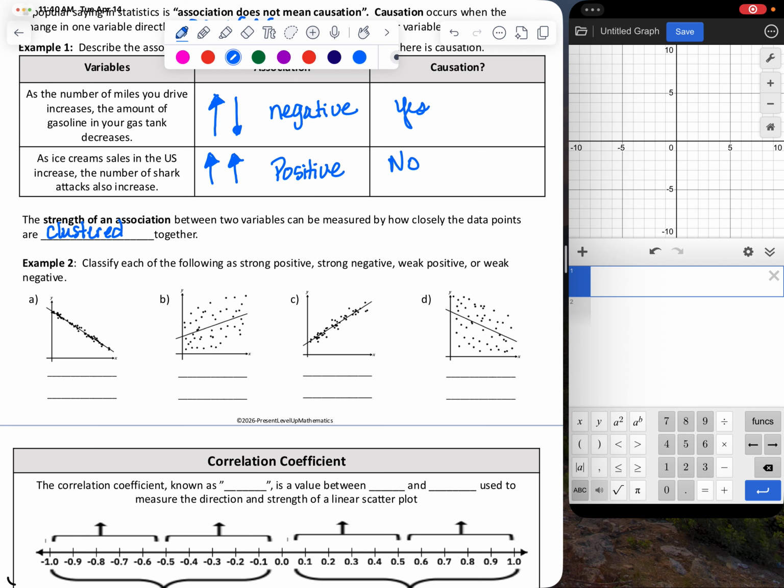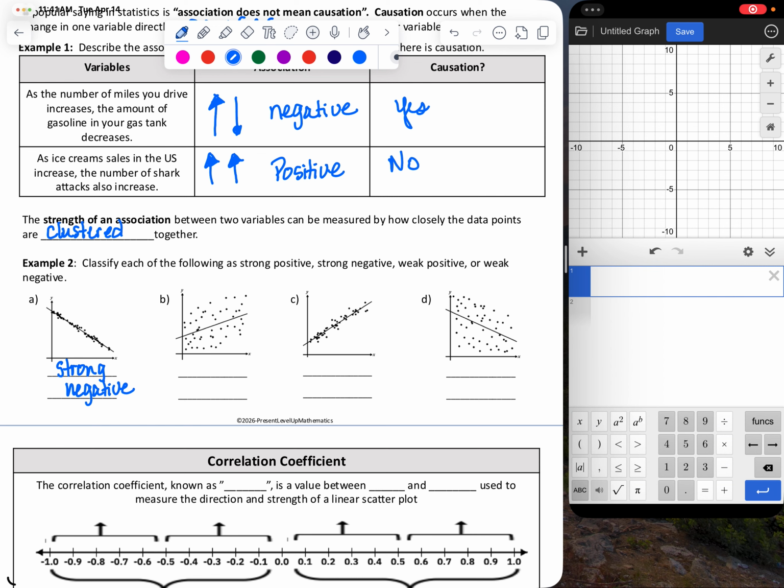So for example, in problem A, we have a scatter plot here and a line of best fit that has a negative slope. And these points are all clustered very tightly around this line. So we could say that this is a strong negative association.